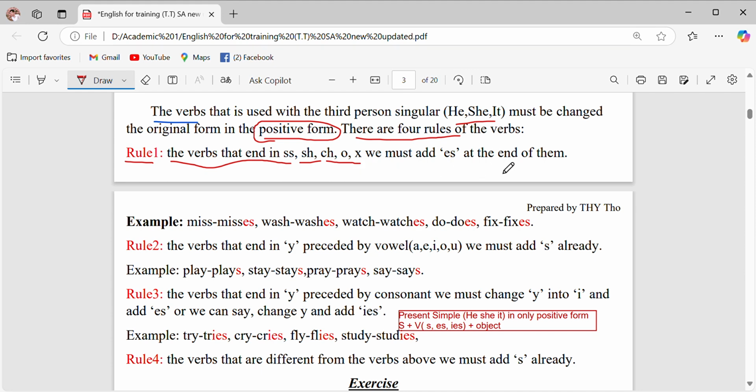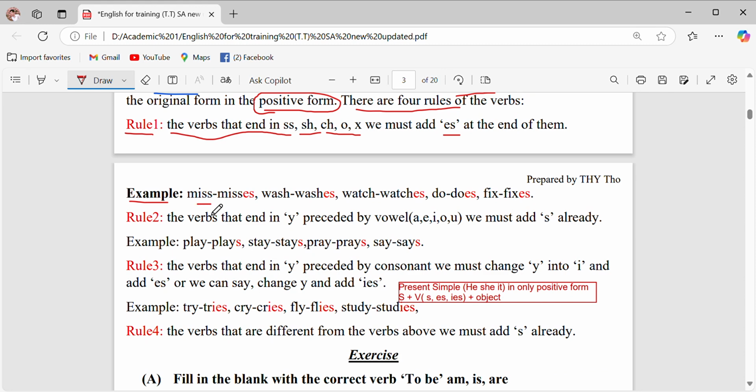When you use it with the third person singular he, she, it in the positive form, you must add es to the verb. Understand? Please take a look at the examples.